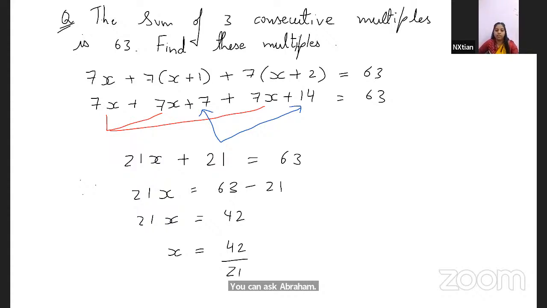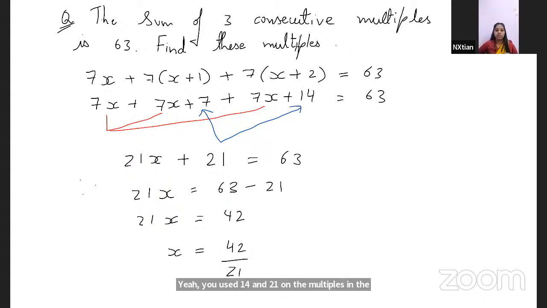Yes, Hendrik. Found out the answer? Ma'am, I did a different method. The first multiple is 14, the second one is 21, and the third one is 28. You used 14, 21 and the multiples in the equation itself, right?